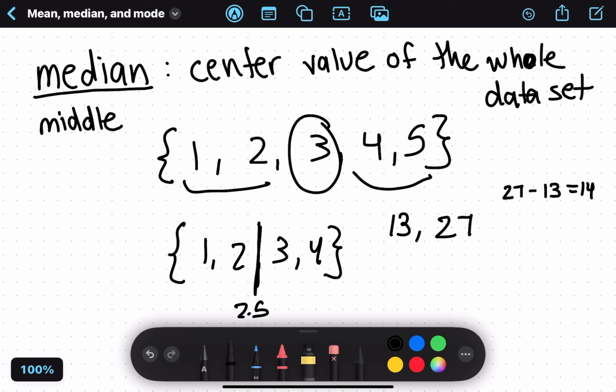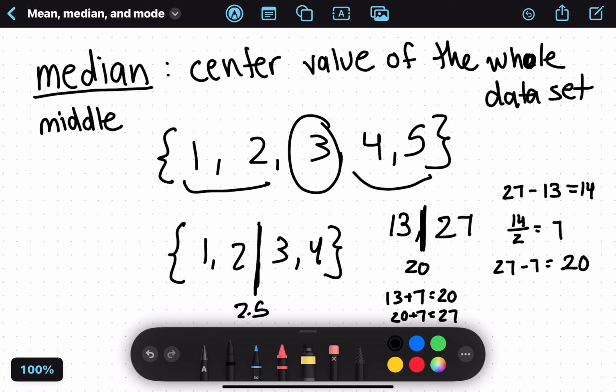Divide that by 2, which is 7, and then subtract 7 from the bigger value. 27 minus 7 equals 20. So exactly in the middle between 13 and 27, it's 20, right? Because 13 plus 7 is 20, and 20 plus 7 is 27. So if you drew a number line and had 13 here, 27 here, and 20 here, it would be perfectly even because you have 7 and 7.